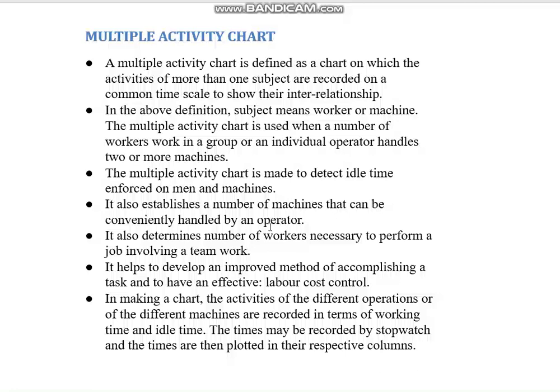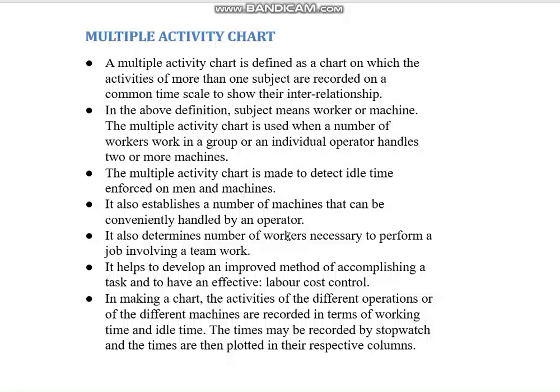In such cases the operator will be simply sitting idle. So at that time, can he operate some other machine? Can he operate two machines? Can he operate more than two machines? All those things, we will be able to have an idea by looking at this multiple activity chart. And if he can attend to more than one machine, then how many machines can he attend?